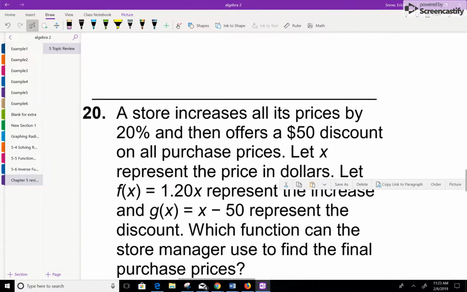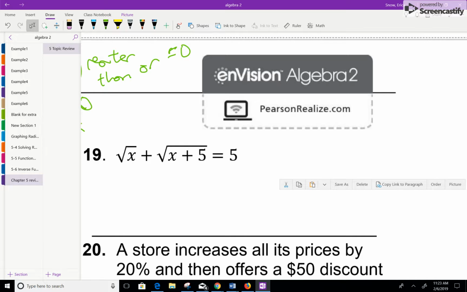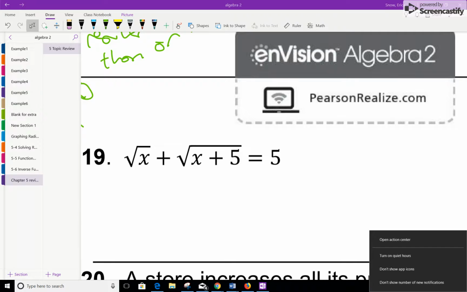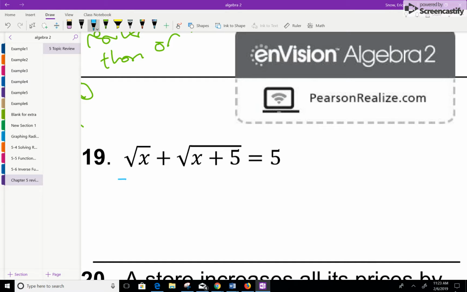4 more problems, y'all. We can do this. Okay, 19. This one looks really, really ugly. So what we're going to do, if you'll remember from when we did 5/4, we're going to subtract the less simple one over like that. So we get the square root of x plus 5 equals 5 minus root x.